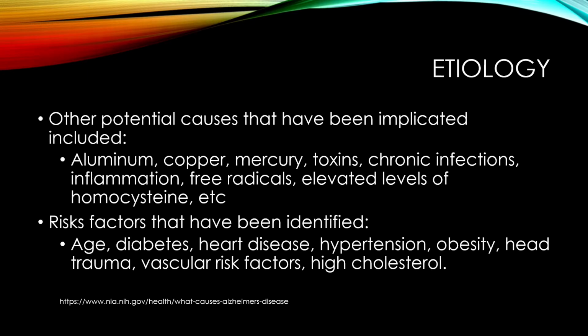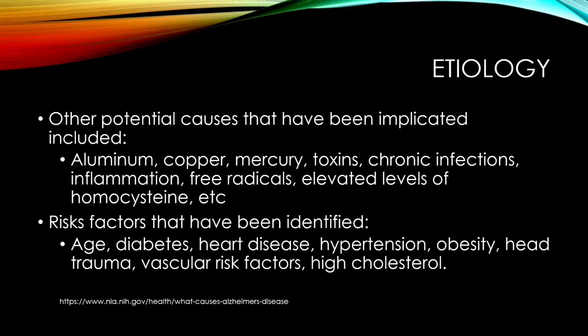Moving on. Other potential causes that have been implicated include aluminum, copper, mercury is a huge one, toxins that we're exposed to in the environment, chronic infections, inflammation, free radicals, and inflammation and free radicals will go hand in hand.